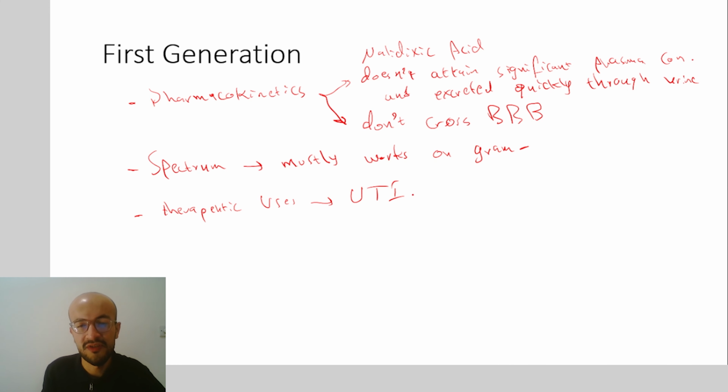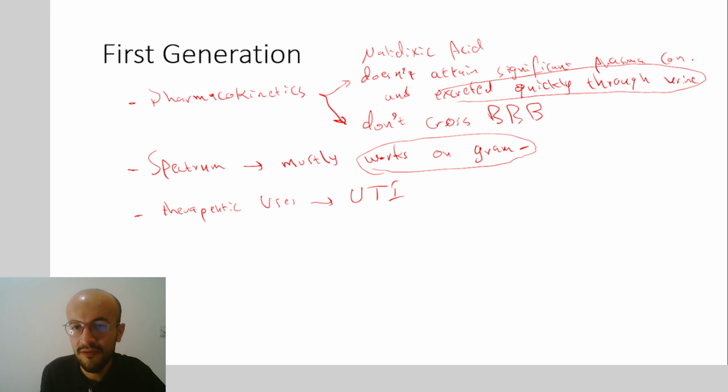Because nalidixic acid works on the gram-negatives, and it is also excreted quickly through urine in high concentrations and in the active form, those two characteristics make it perfect for treating urinary tract infections. It does not work on systemic infections because it does not attain significant plasma concentration, so it is not very effective in treating any infection other than urinary tract infections.